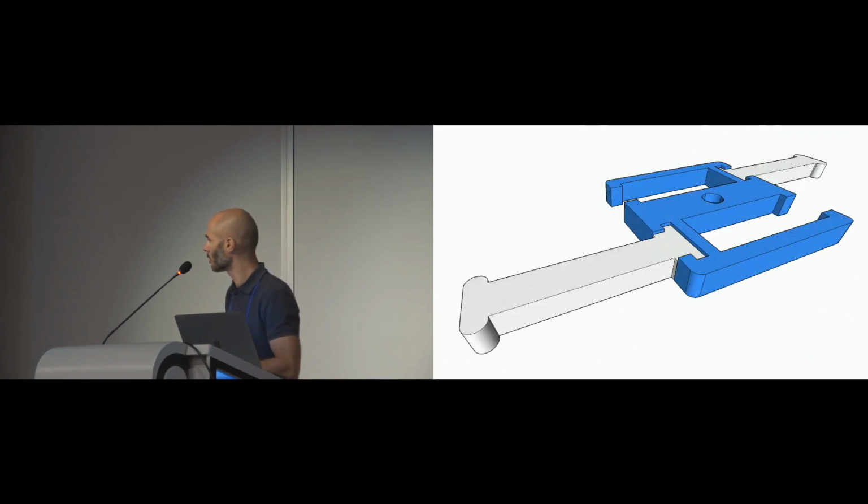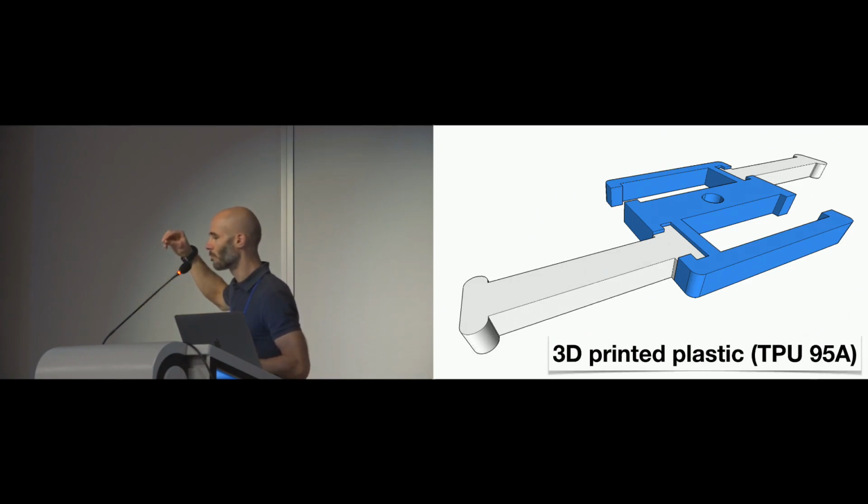Here you have a 3D figure of the new layer, of the new interweaving layer. You can see that we kept the main plexiglass core in blue, and the white part, the fingers, are printed in 3D with a 3D printer and in flexible plastic.